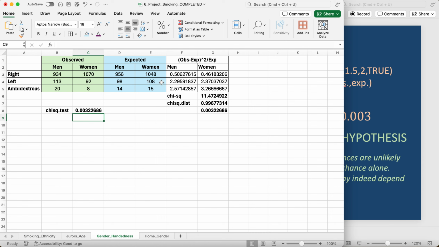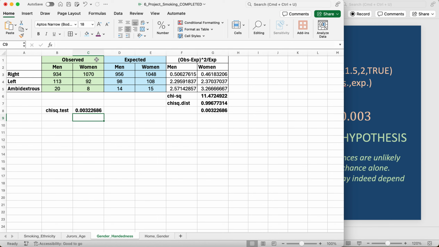Now, if you want to see the calculation done in sort of a step-by-step fashion like we did in the previous example, here is the observed minus expected squared divided by expected, so the calculation of the chi-squared parameter. So in each case, we're taking the observed total, subtracting the expected total.